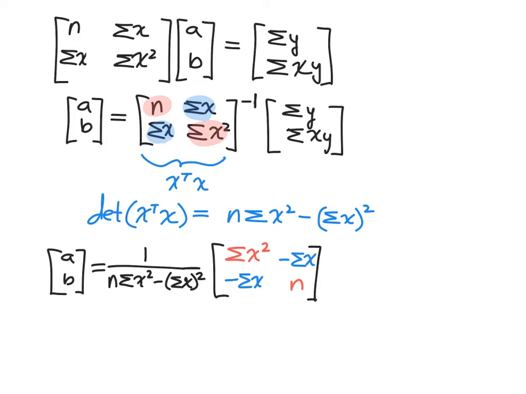Then we have to multiply that by the sum of x, I'm sorry, the sum of y times the sum of y over the sum of xy. So the other vector.